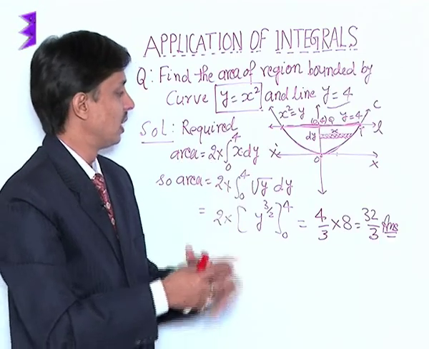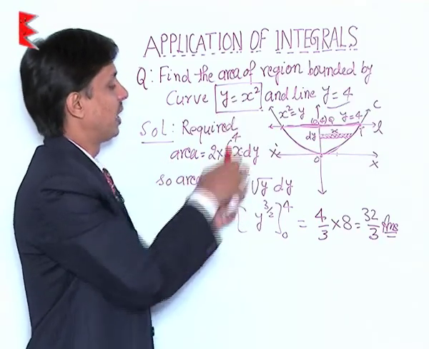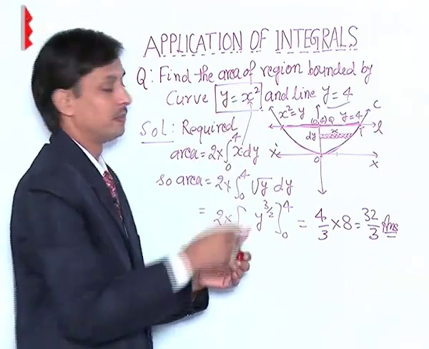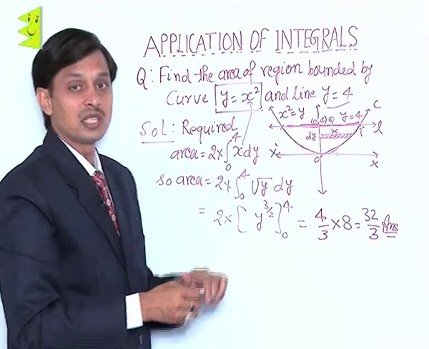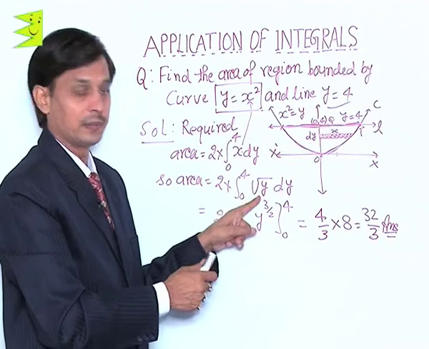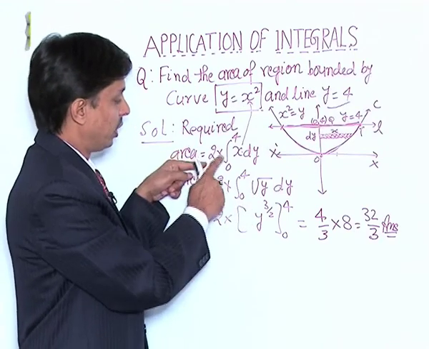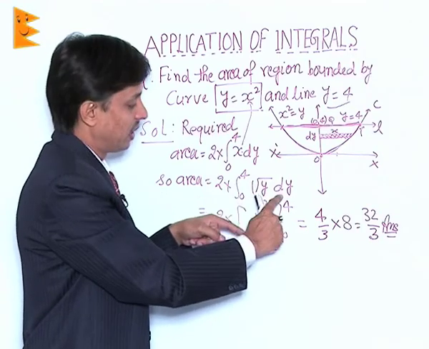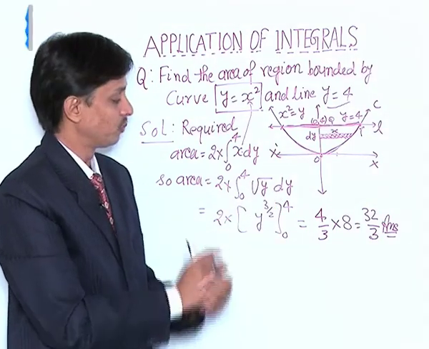Now the question is, what is the value of x which can be obtained from the given equation of the curve? Y is equal to x square, so x is root of y. So 2 as it is, limits 0 to 4, in place of x root y, its integration dy.